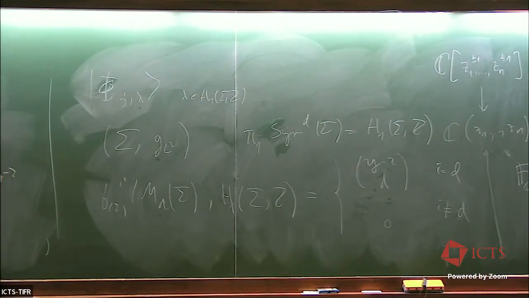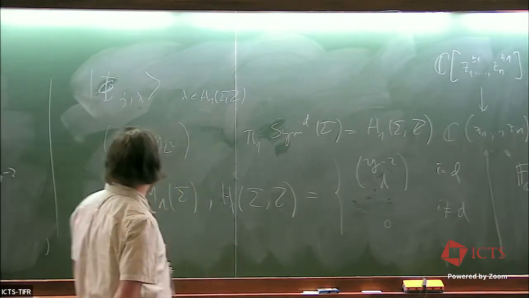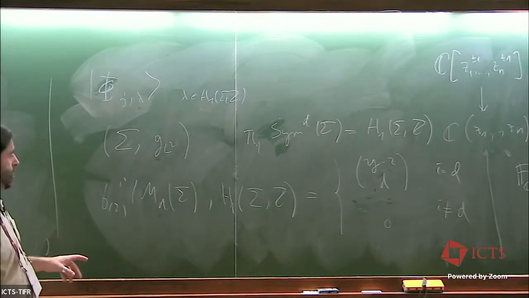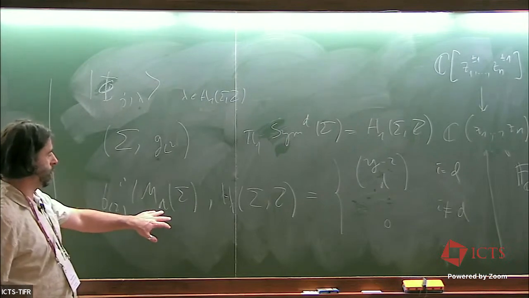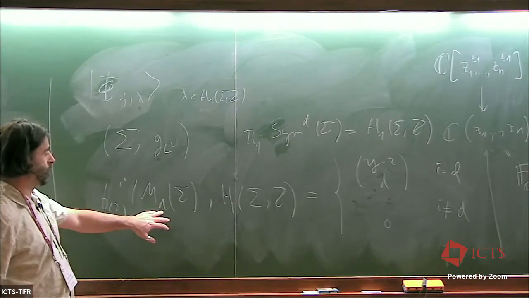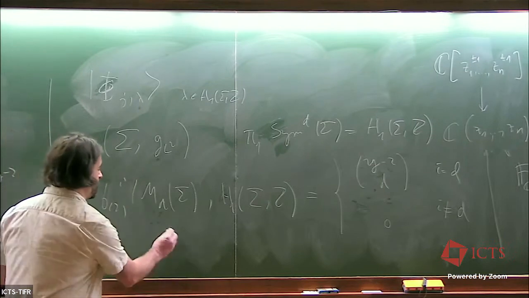So maybe I should also say, I forgot. The only thing here which is difficult in this calculation is that we had to use obtaining the homotopy type of the universal cover of the symmetric product.